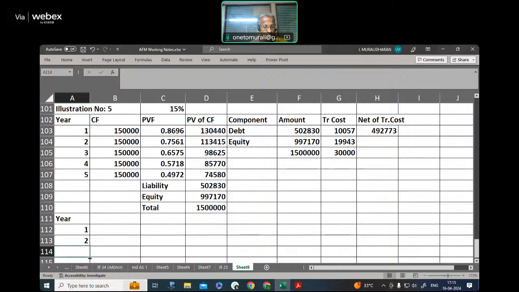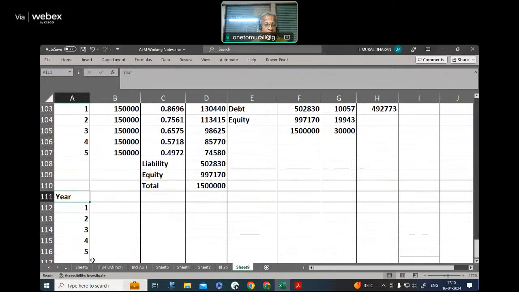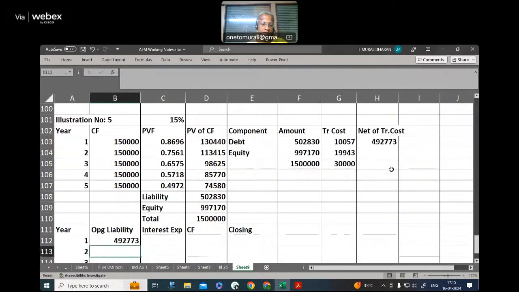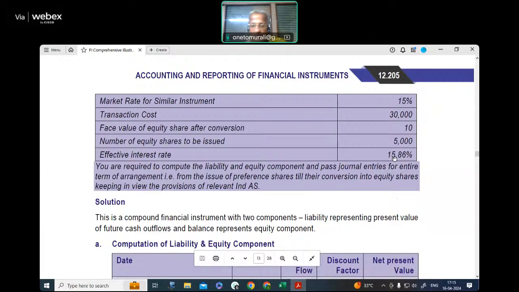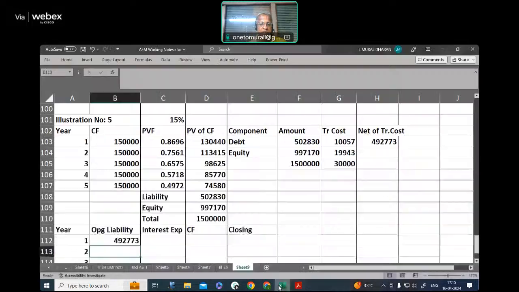Year number 1, 2, 3, 4 and 5. Opening liability, interest expense, cash flow and closing. This is the amount. For this purpose only they have given you the effective interest rate of 15.86%.